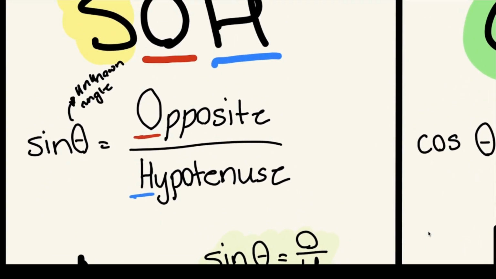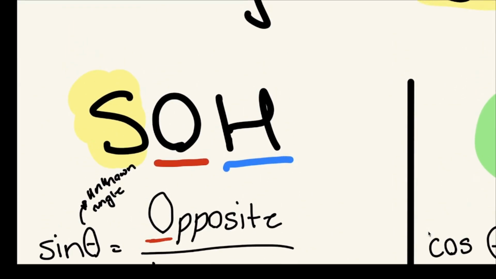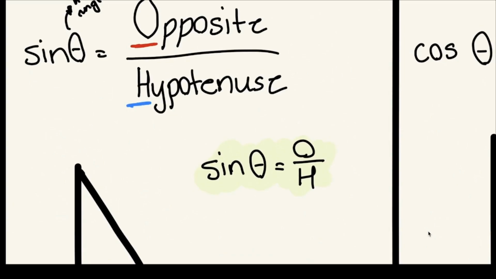The O and H represent the numerator of the equation and the denominator. So the actual equation is sine theta equals opposite over hypotenuse. And that's basically it for SOH.